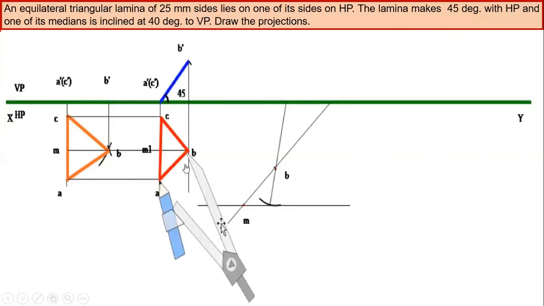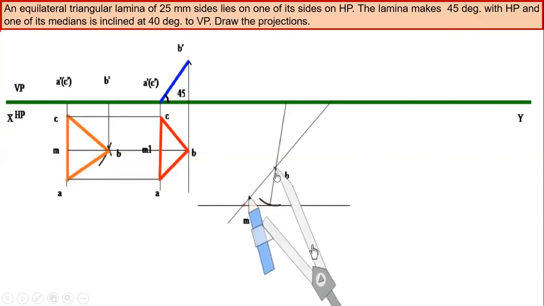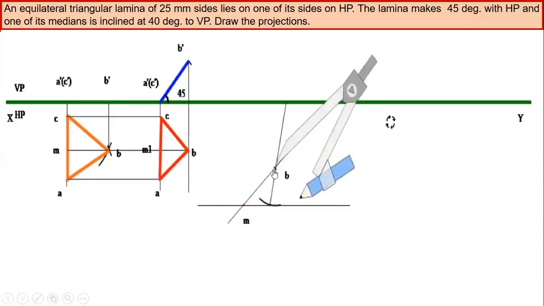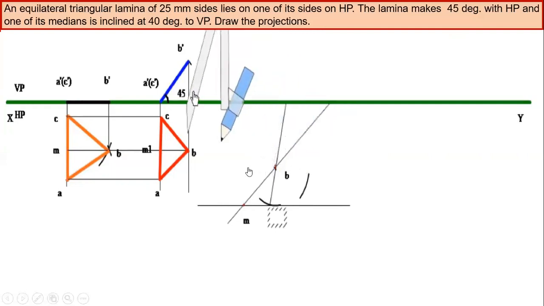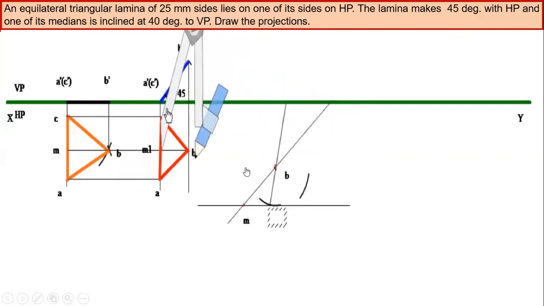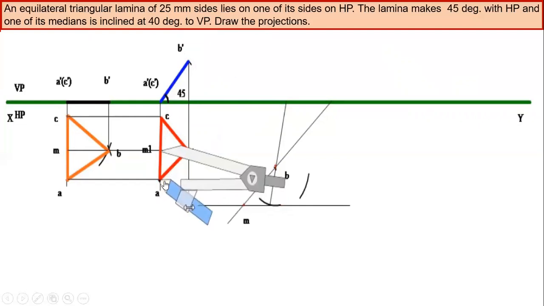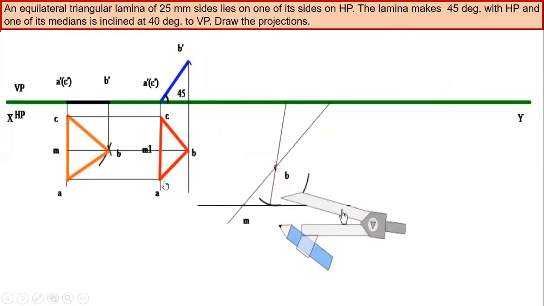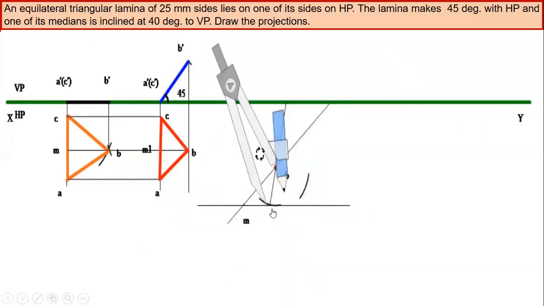Now we have to construct the points C and A. So measure B to A from the compass, keep one end of the compass on point B and draw an arc. Again from M1 to A, measure the distance from the second position. With M1 as the center, cut an arc.